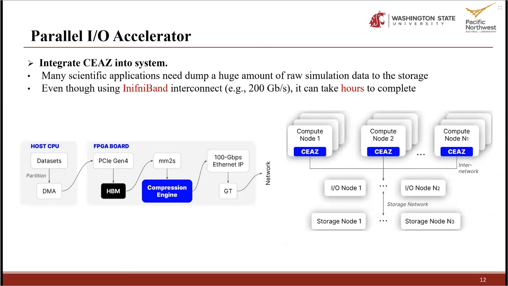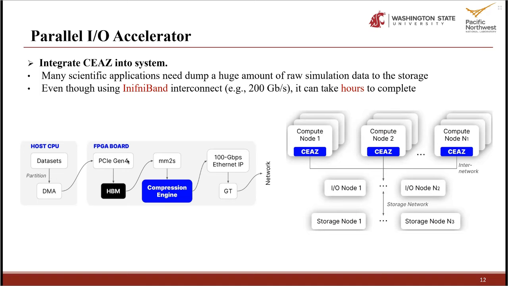Then I will talk about how to integrate CEAZ into the system. The figure shows the overview of our system architecture integrated with the CEAZ compression engine. Our system includes 2 parts. The host partitions the input dataset and feeds the chunked data through the PCIe.